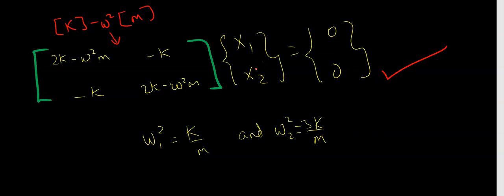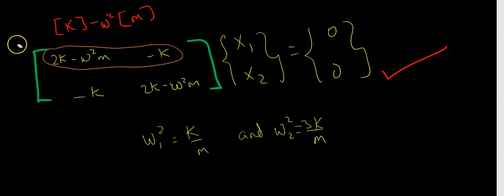Well, you select a particular row that you're interested in. Now, I'm going to select this row. I don't want you to be confused by this, because k minus omega squared m is really the entire thing in blue. So we select this row here, and then we multiply it by this column here.